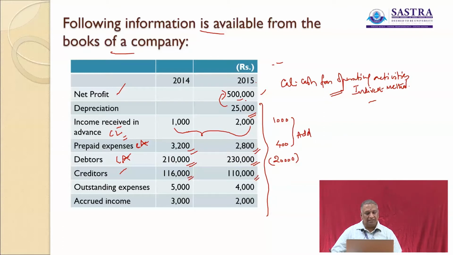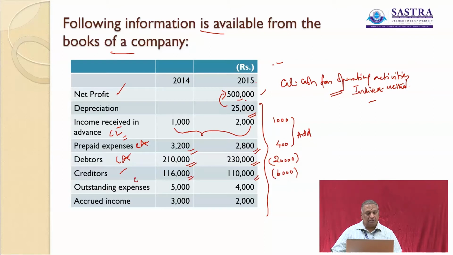From 1,16,000, it is now reduced to 1,10,000. So 6,000 rupees you have paid to settle some of your creditors. So this will reduce your cash position. So it should be taken as less item.